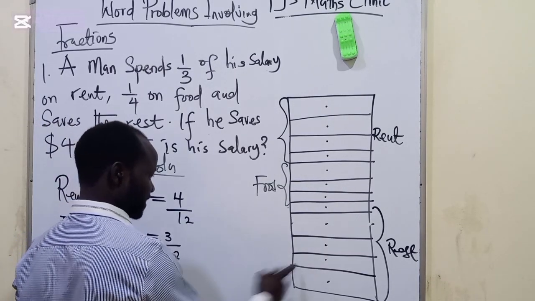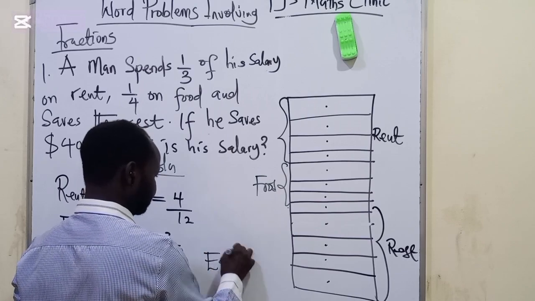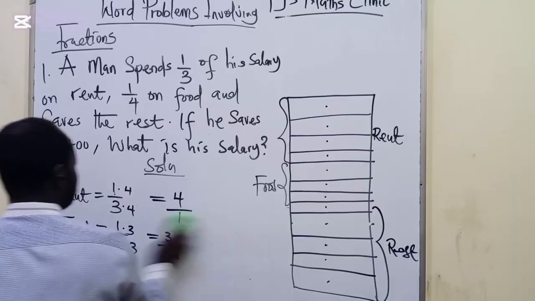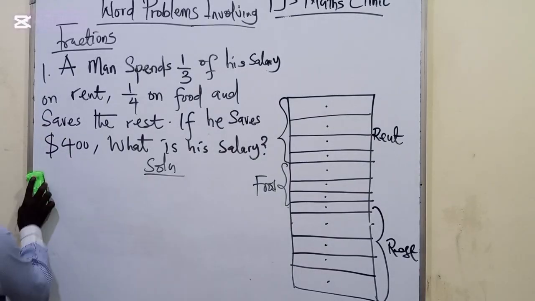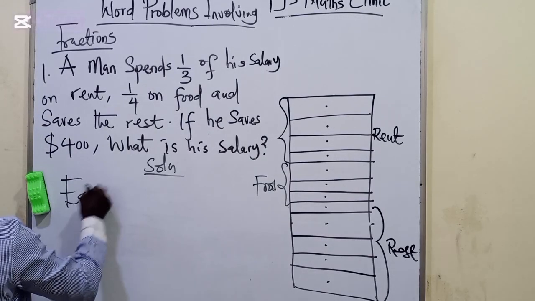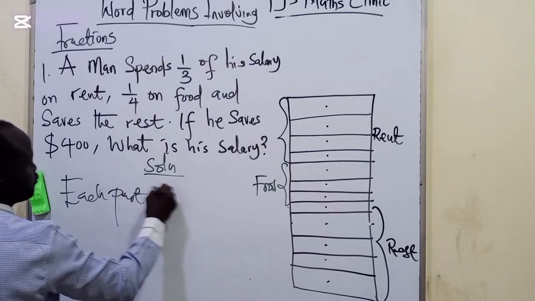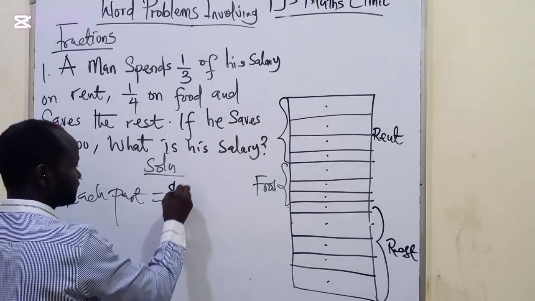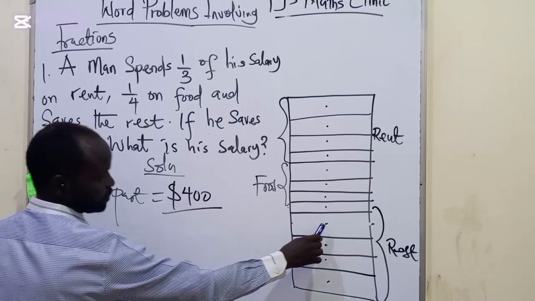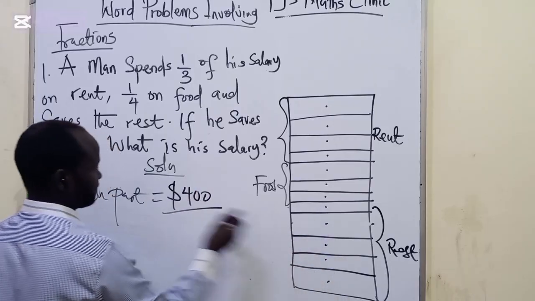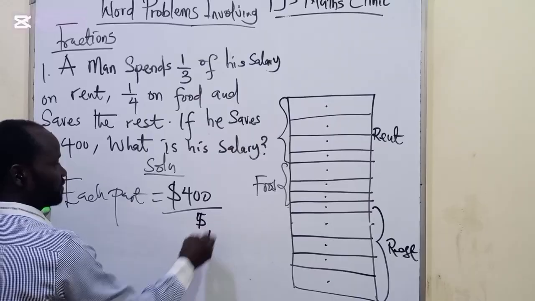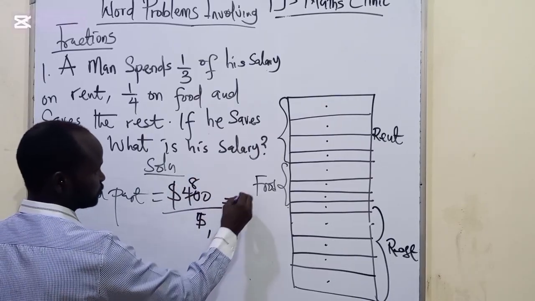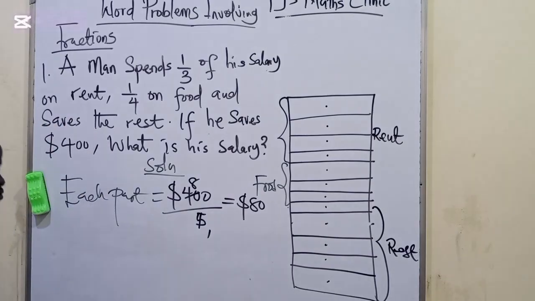Each part will be $400 divided by 1, 2, 3, 4, 5. So we divide 400 by 5, that will be $80. So he spent $80 on each part.